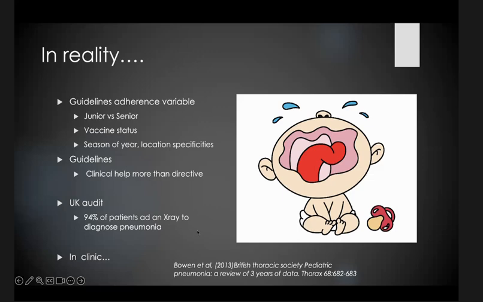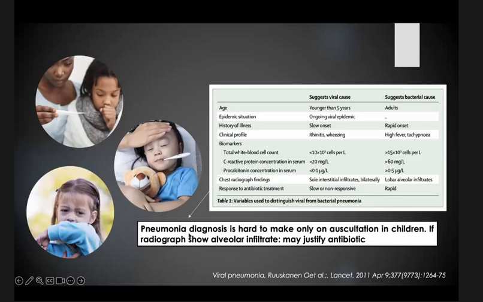So in clinic, what we do: pneumonia is hard to diagnose mainly just on auscultation in children. So if you have an infiltrate on the chest x-ray, it may justify an antibiotic. That's basically the rationale underlying ordering a chest x-ray for our pediatricians.